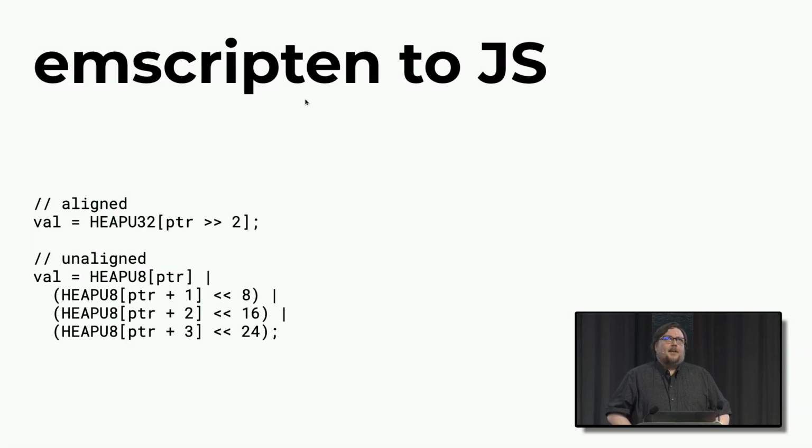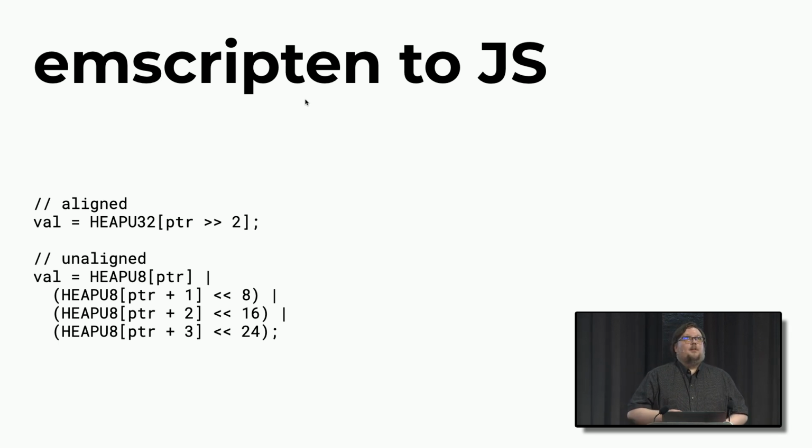Additionally, memory access in JavaScript turned out to be kind of slow. There are 2 main things that slow it down. The first is that typed arrays require a length check on every access. You don't want to go beyond the bounds of the array. That's okay, but it does mean that everything gets slowed down. Additionally, you have to downshift the addresses from a full address space to the address space of the size of the integer.